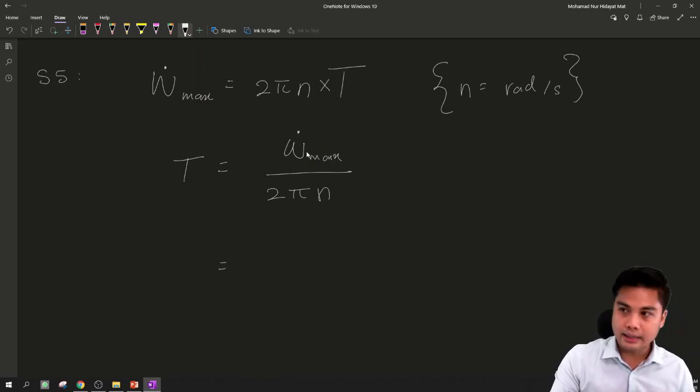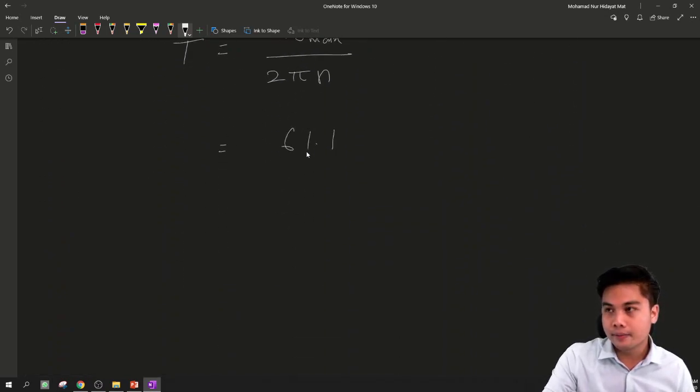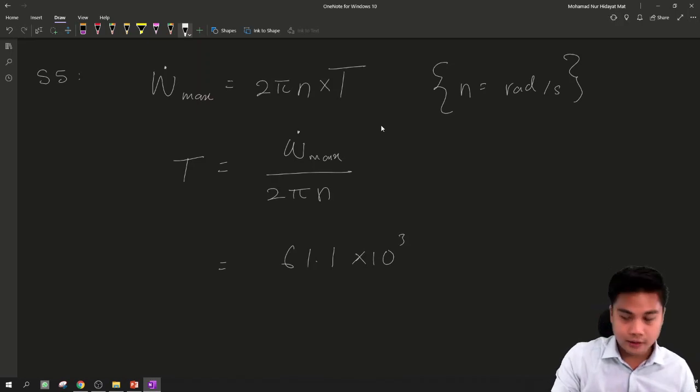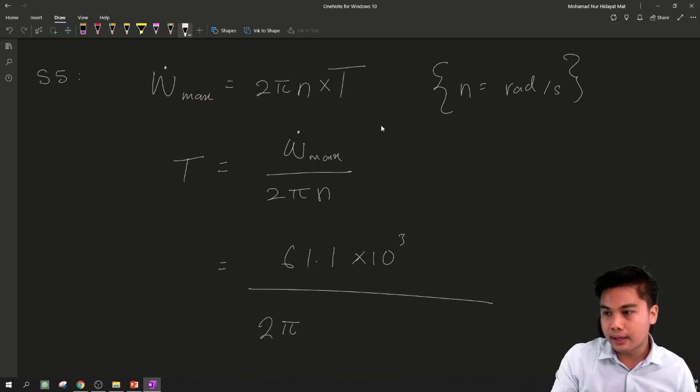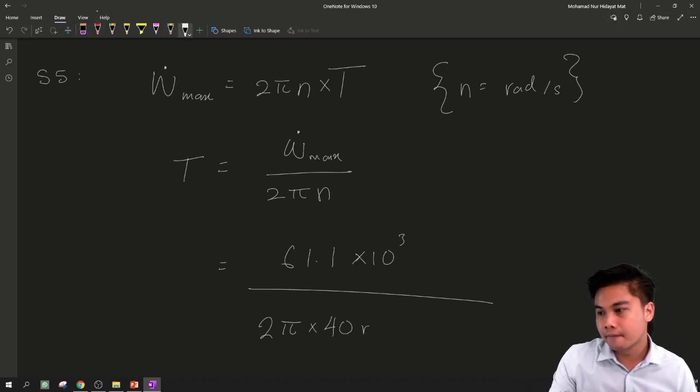Here W max is 61.1 kilowatt, multiplied by 10 to the power of 3, over 2 pi times n, where n is given as 40 revolutions per minute.